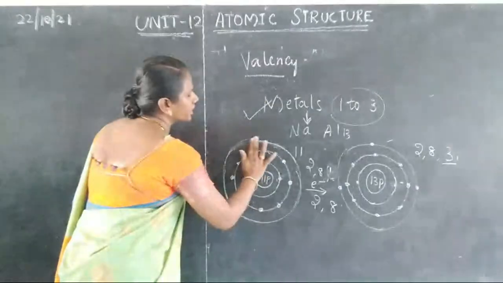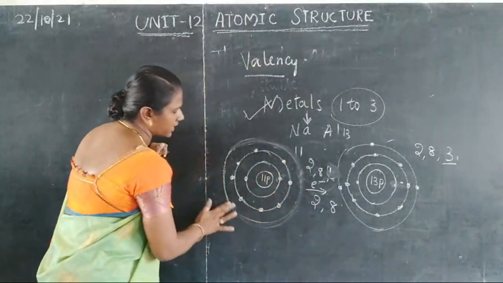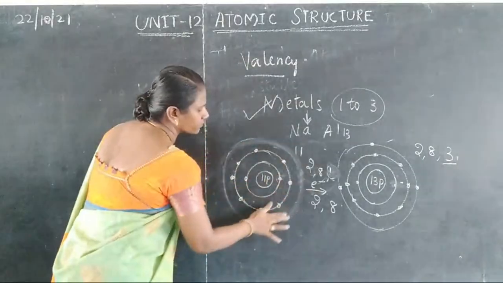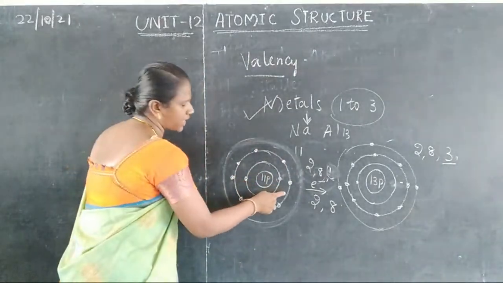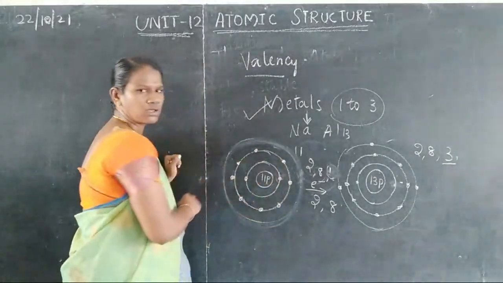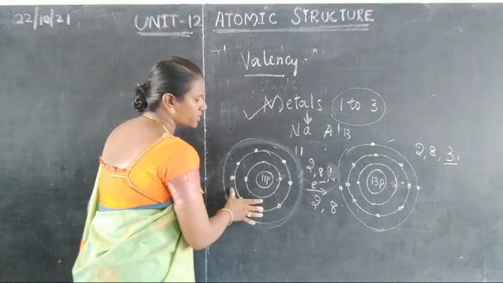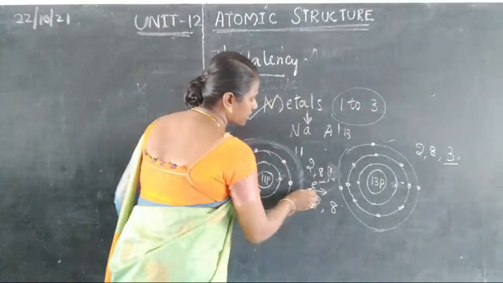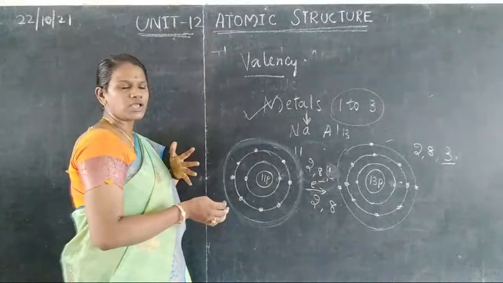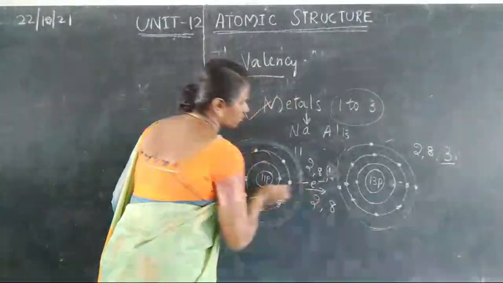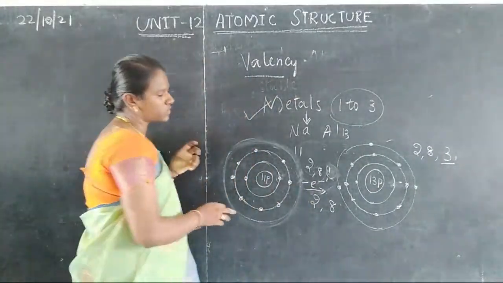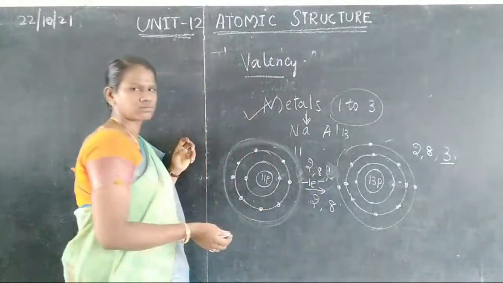If it loses 1 electron, its outermost shell contains 8 electrons. So sodium is stabilized by losing 1 electron.